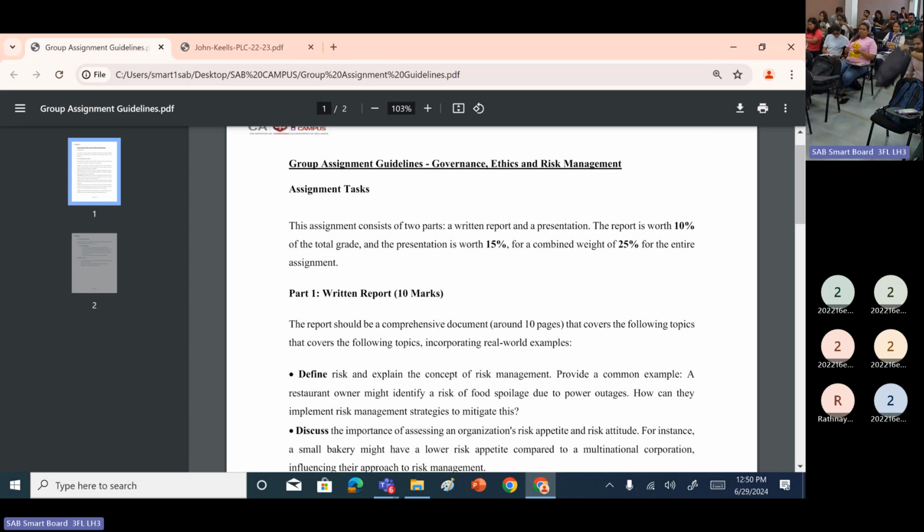Your task is to do a presentation and a report. For the presentation, I will allocate 15 marks, and for the report, I will allocate 10 marks. For the report, you can't copy and paste. You can't use ChatGPT. After using ChatGPT, I know you can put it into paraphrasing software and make some changes.